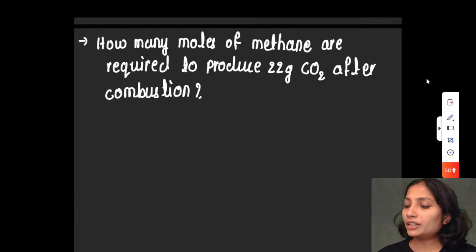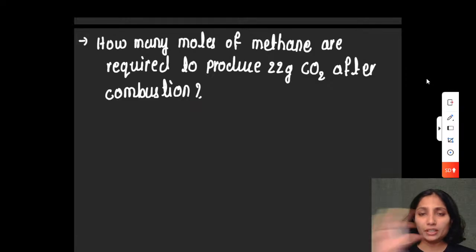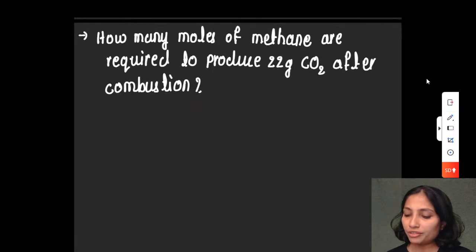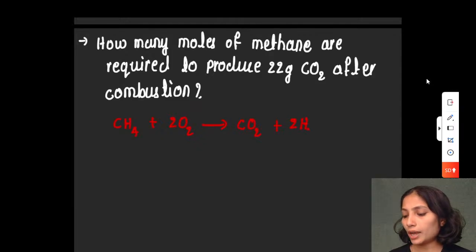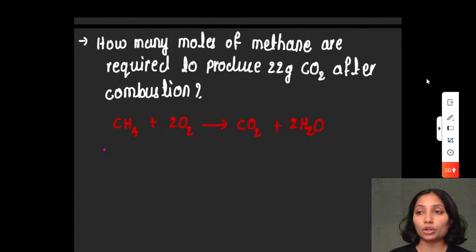And again, write the equation. Combustion of methane, CH4. Just above we have written 2O2 forms CO2 plus 2H2O. And write its stoichiometry. See which stoichiometry I require. I'm not going to write all the stoichiometry. Whichever I require, only I'll write that one.